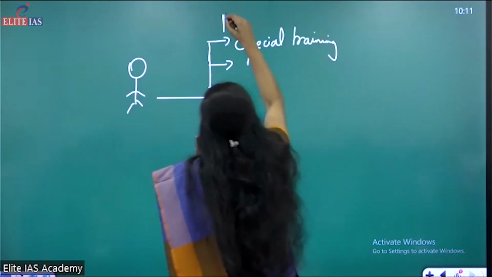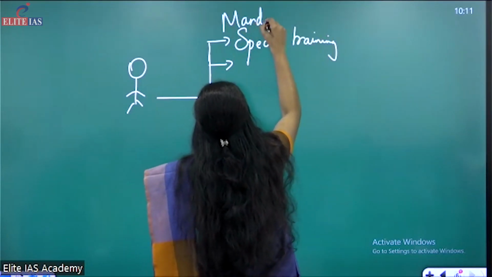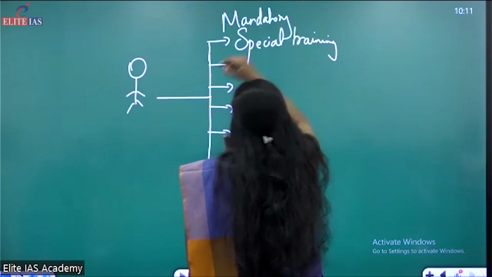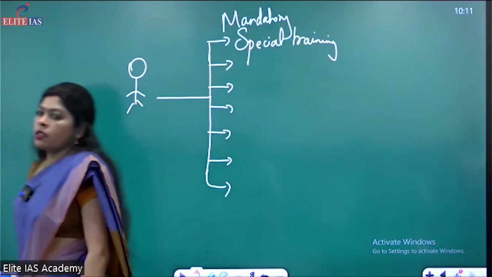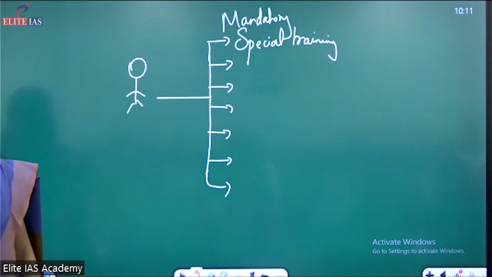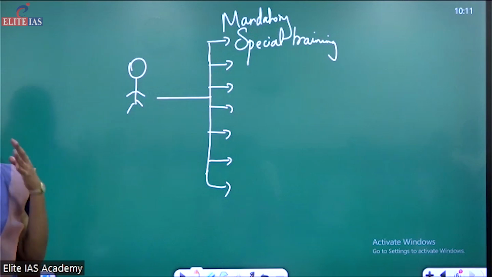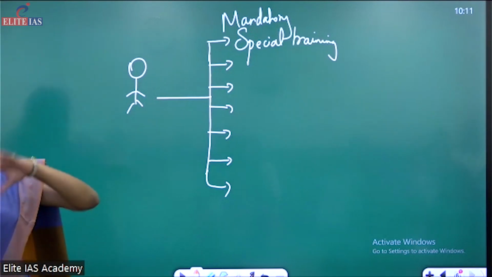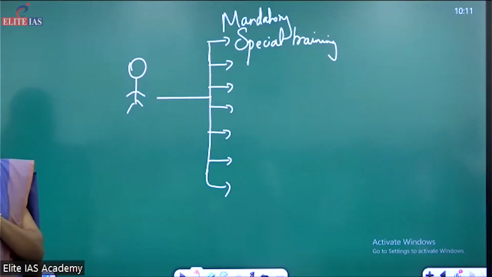Mandatory training, not only training, because training means they will always skip. Don't say that as you enter the service, you are always in a negative attitude, because there is pressure. You will face pressure from various directions when you enter a service. You go with a full positive attitude.